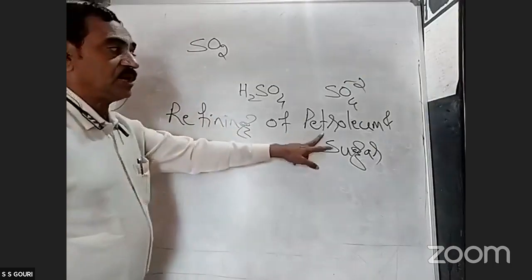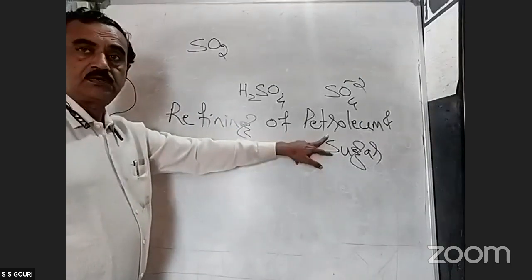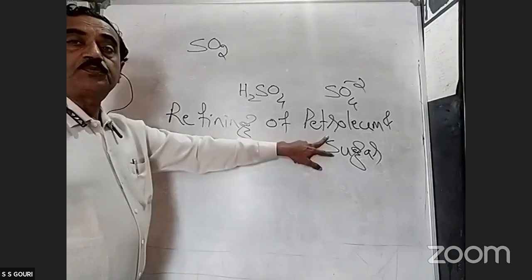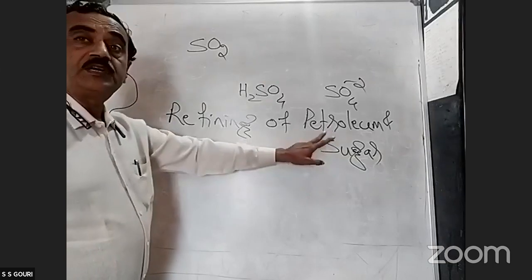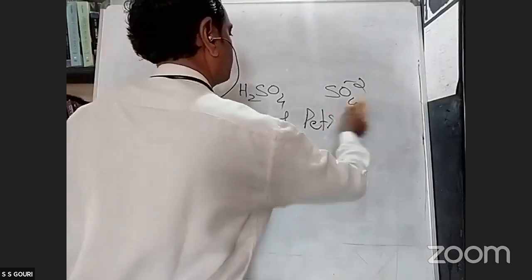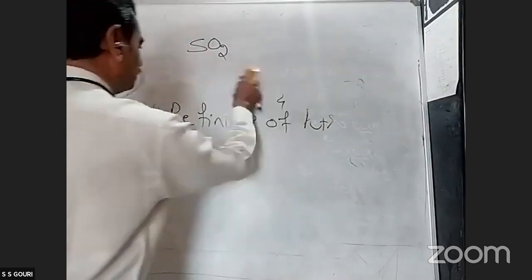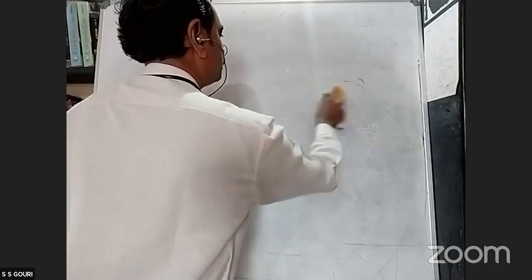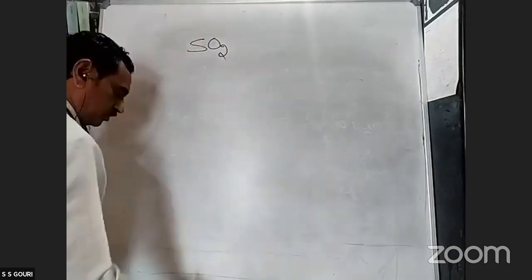Activated charcoal is also used in the refining of sugar and petroleum. There, colored impurity is removed, because the colored impurities are adsorbed on the surface of charcoal. So, SO2 is used in the refining of petroleum and sugar to remove the basic impurities.